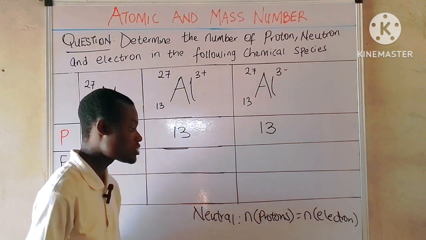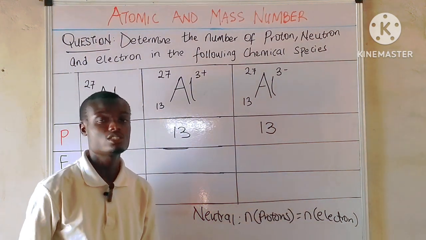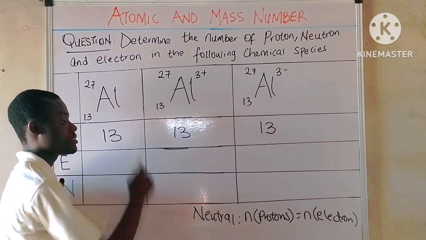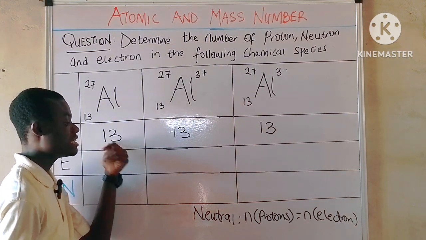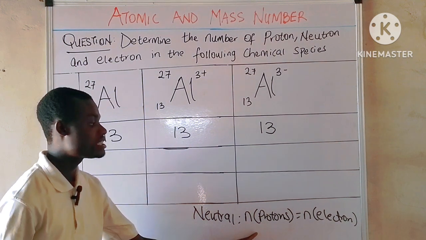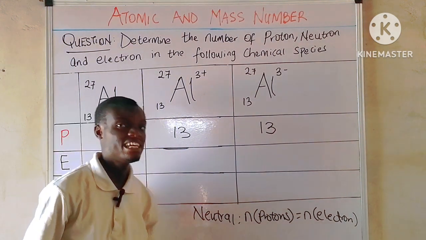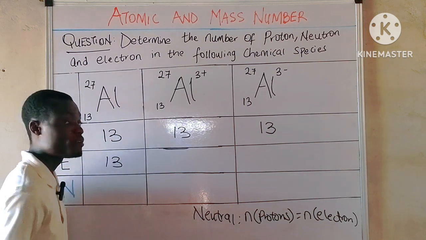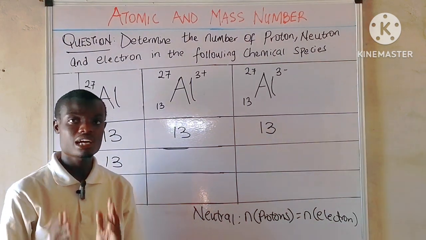And also it is neutral because it has no charge. So for example, this chemical species has no charge. If it has 13 protons, it simply means it's also going to have 13 electrons. So in this case, it is going to have 13 electrons because it is a neutral atom.